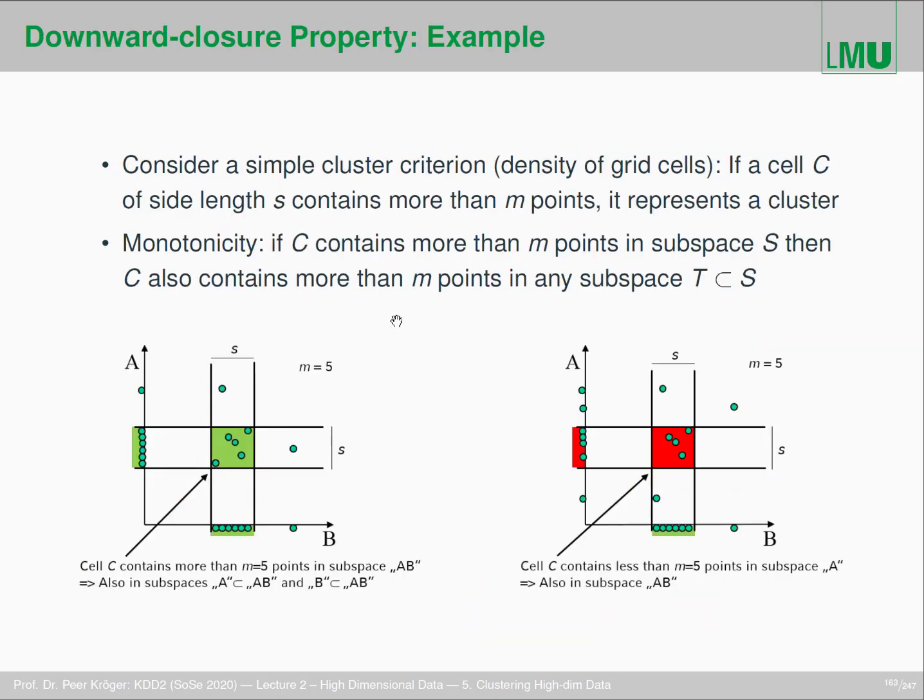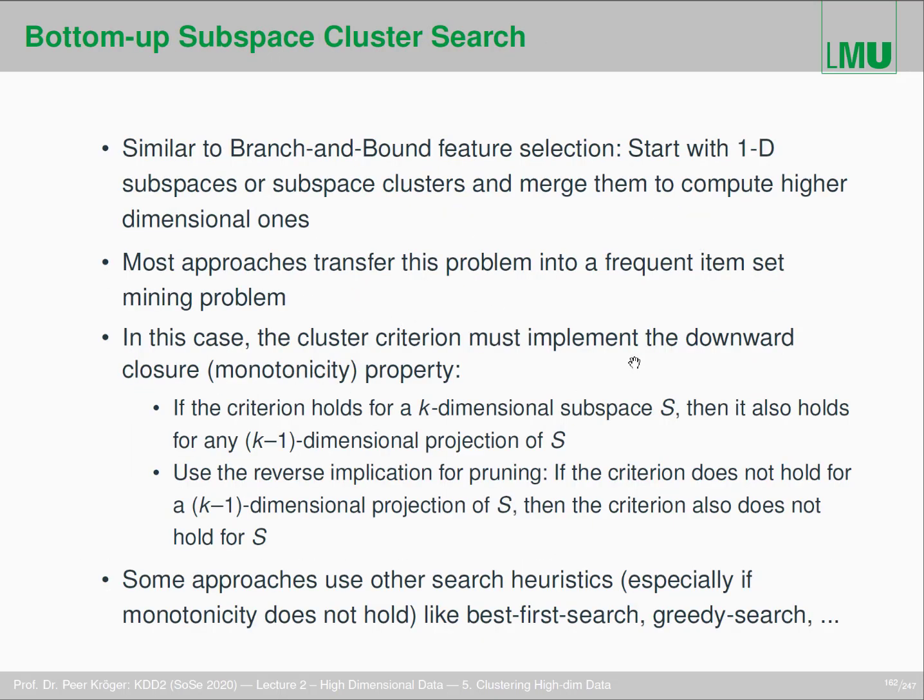So this monotonic property, also called the downward closure property, is very important for applying branch and bound. It's more or less a scalability issue rather than anything else, because only if I have a downward closure property can I apply these pseudo-efficient things like Apriori.